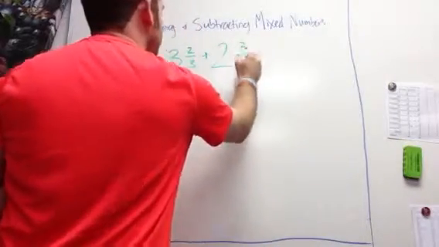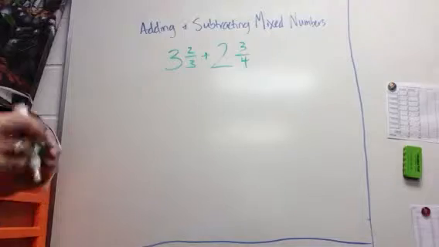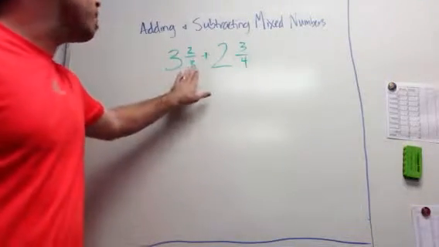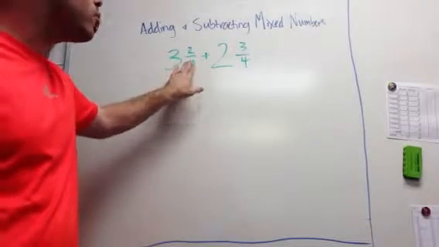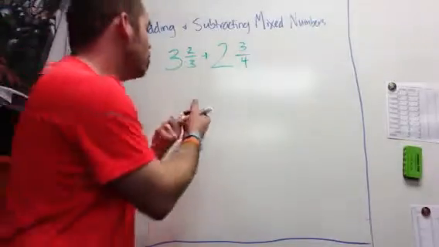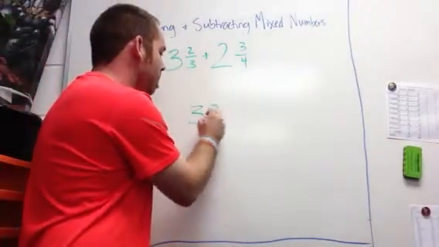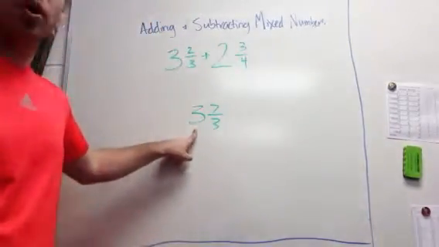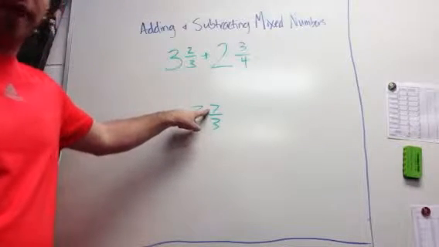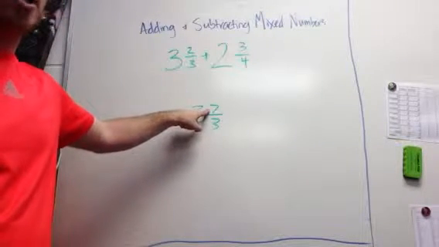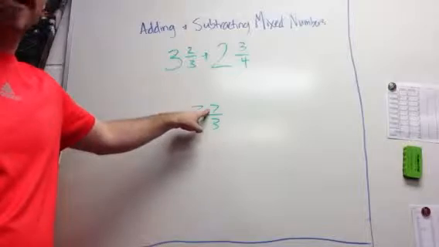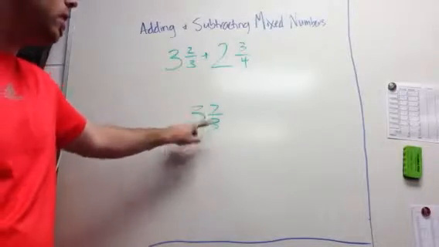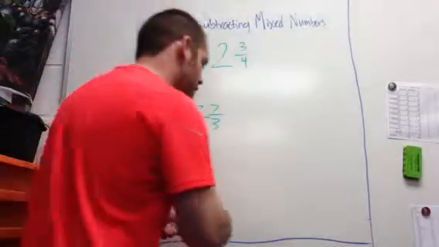We'll do that one. Remember that when we have a mixed number, the fractions attached to my whole number are proper fractions. You will never see a mixed number where it has a whole number and an improper fraction, where the numerator is bigger. If you don't remember what an improper fraction is, go back and watch your improper fraction video. So here, you will never see a fraction like this.